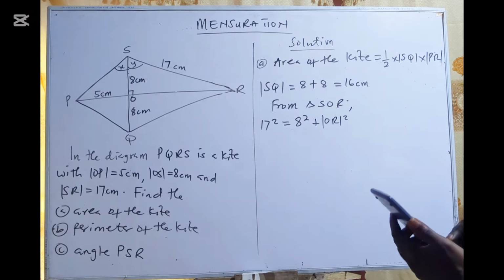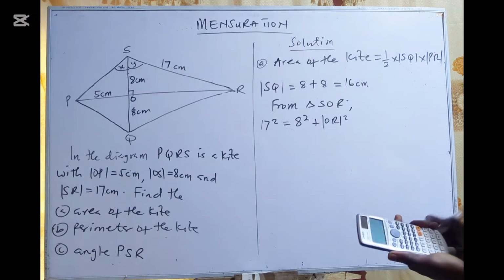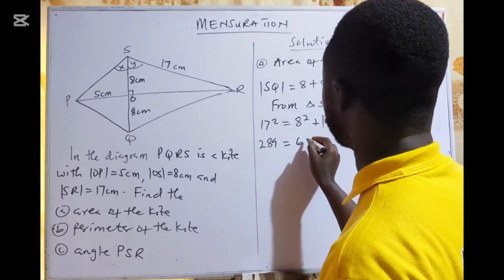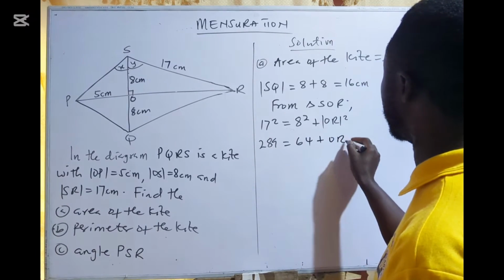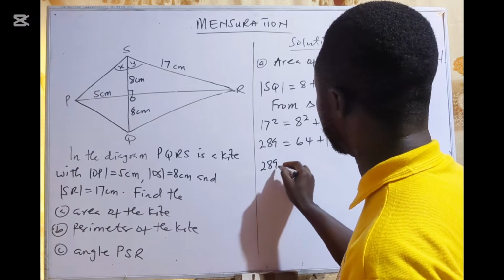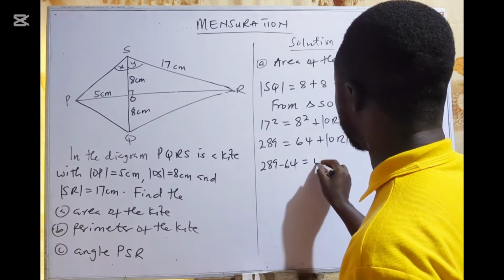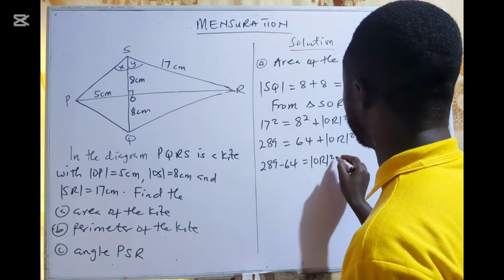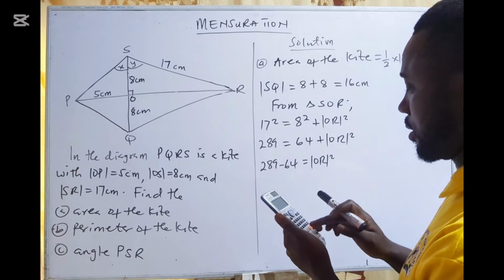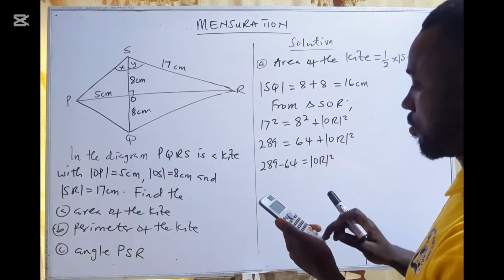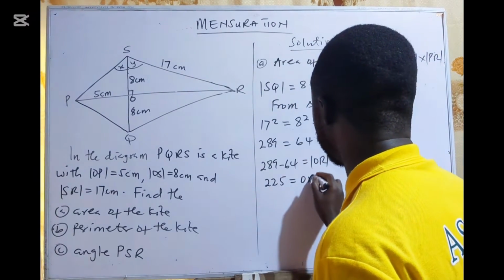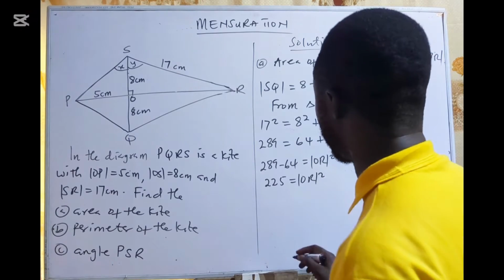So what is 17 squared? That will give us 289 equal to 64 plus OR squared. So 289 minus 64 equals what? OR squared. 289 minus 64 will give us 225, equal to OR squared.